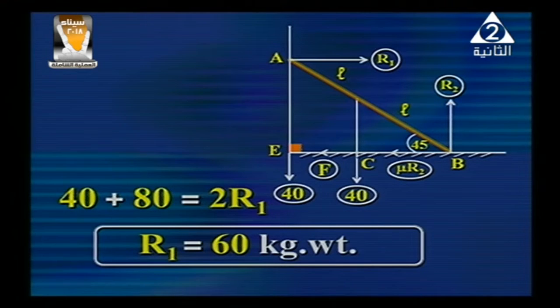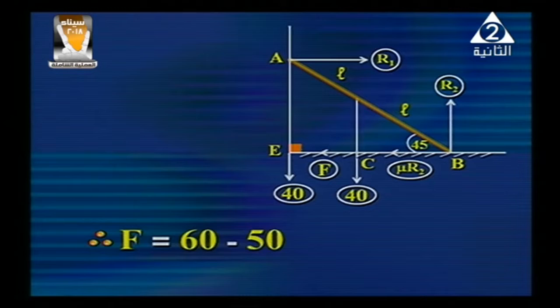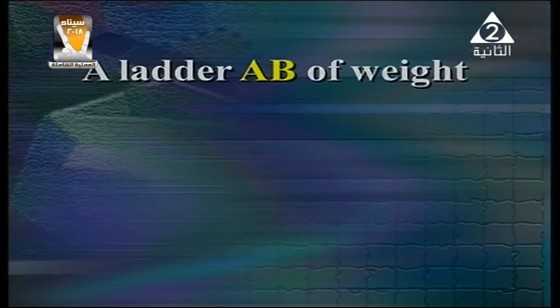Why? Because in this case 40 plus 80, 120 equals 2 R1, R1 equals 60 kilogram weight. By using substitution, then 60 equals 5/8 times 80 plus F, then F equals 60 minus 50 equals 10 kilogram weight. Dear student, look at another example.